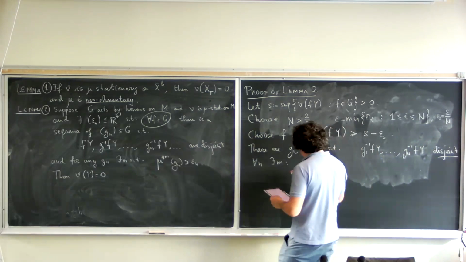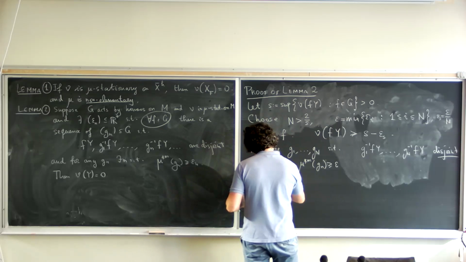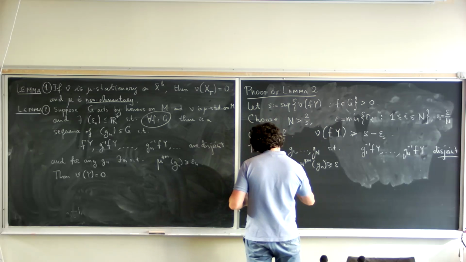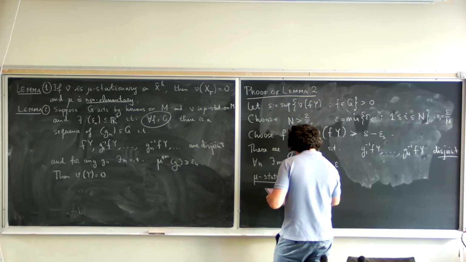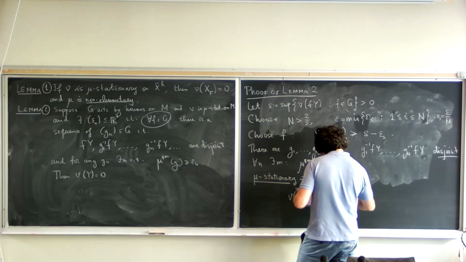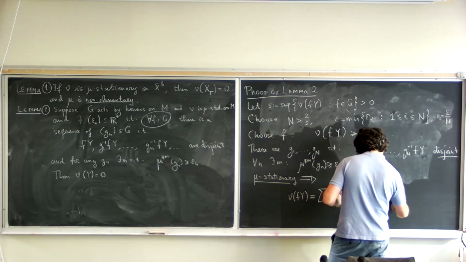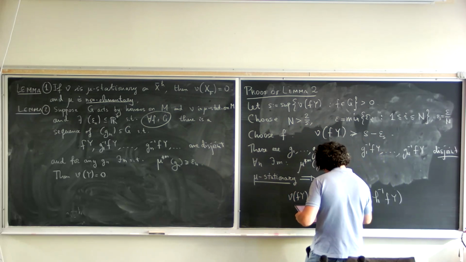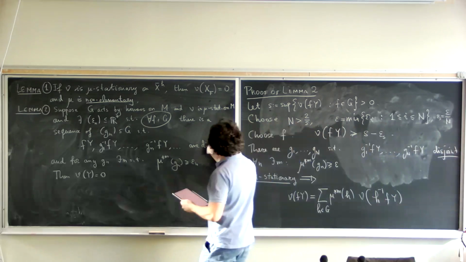So the nu stationarity says the following: that nu of Fy is the sum of mu star m of H times nu of H inverse Fy. This is literally the definition of mu stationary for the nth convolution.